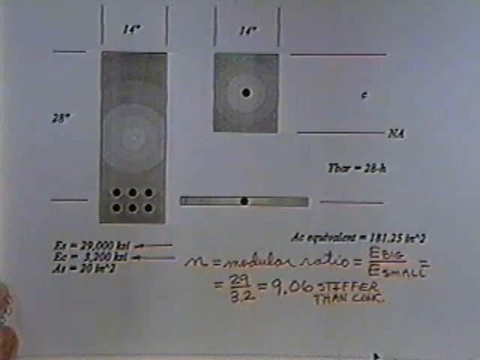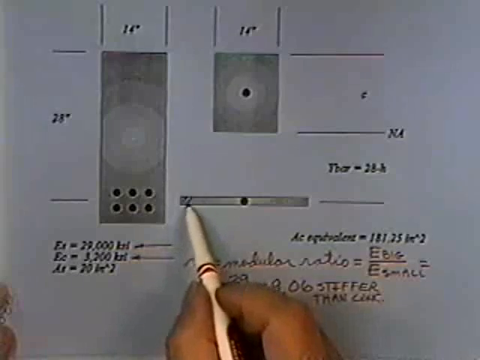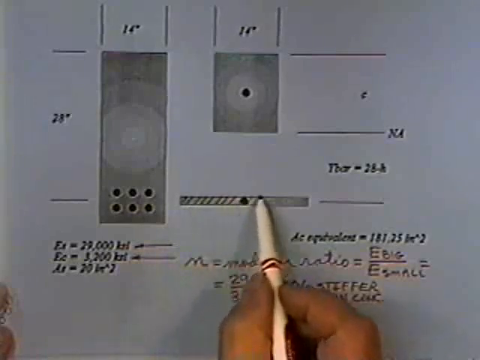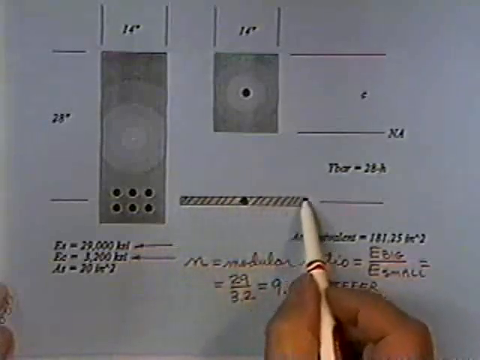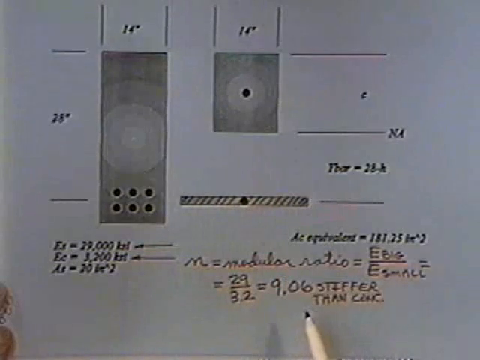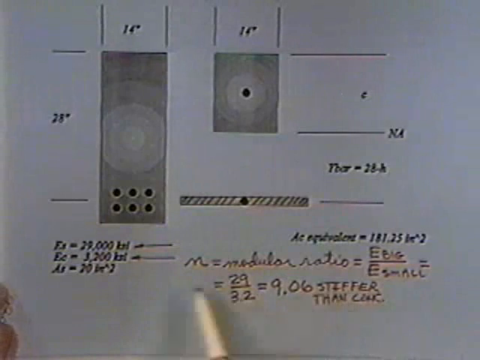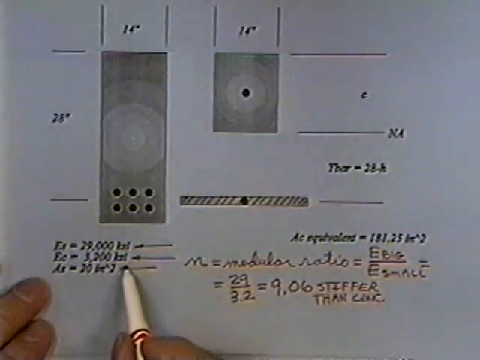So the easy way to do them is just to pretend this is not a steel concrete beam, it's just a concrete beam, where the area of concrete is just bigger than it looks, namely 9.06 times bigger than it looks. The steel looks like it's 20 square inches of steel.